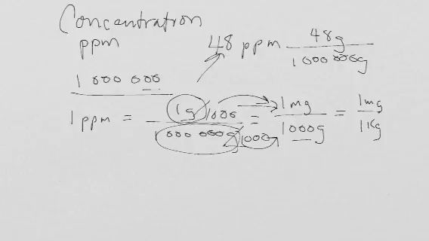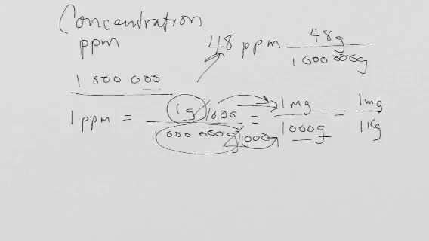So when you look at whatever word problem you are given, if you are given something in milligrams or grams over a solid, like an amount of soil in a mixture, most often it has to do with soil and toxins in the soil, they're going to use grams on the bottom.